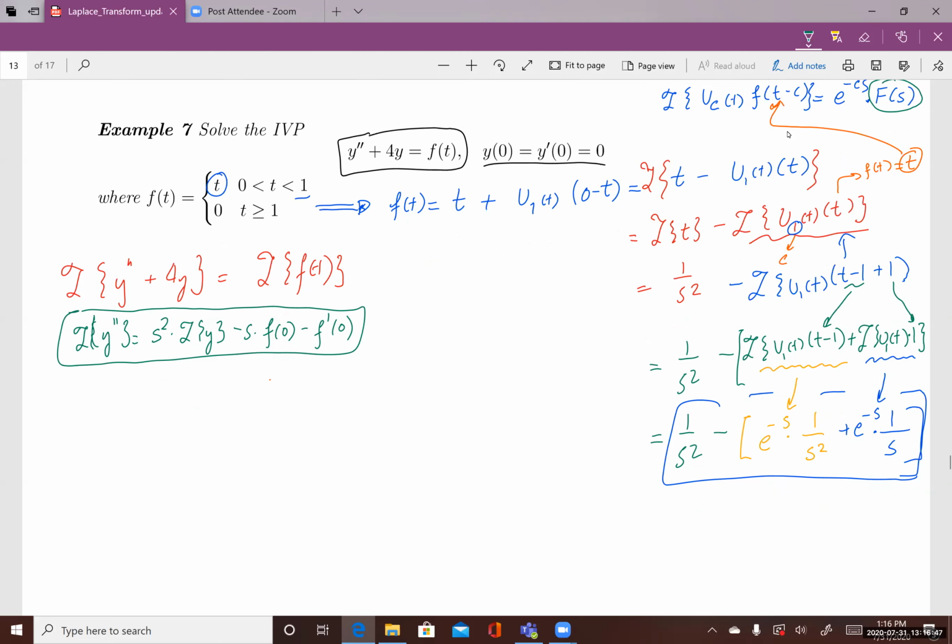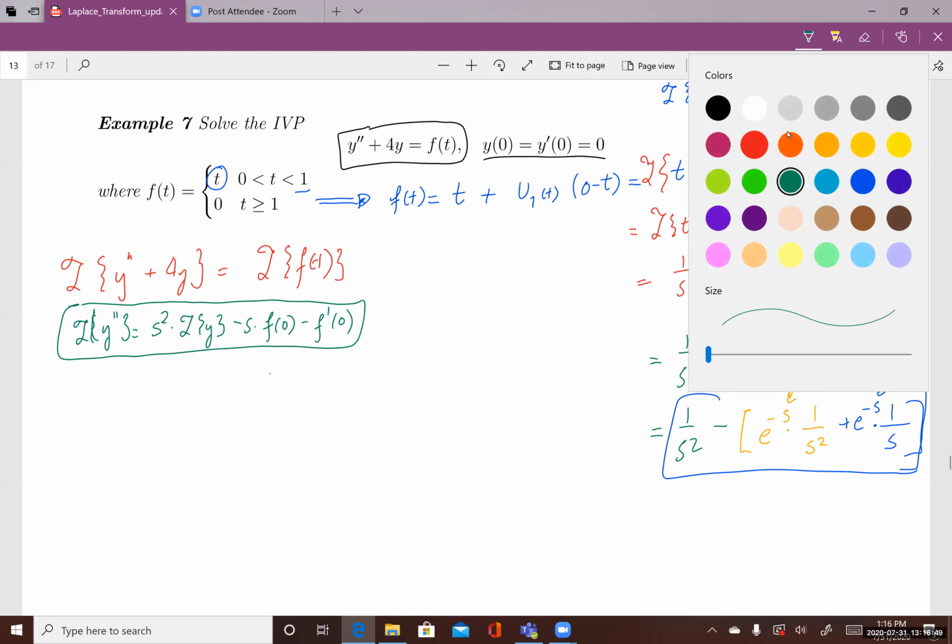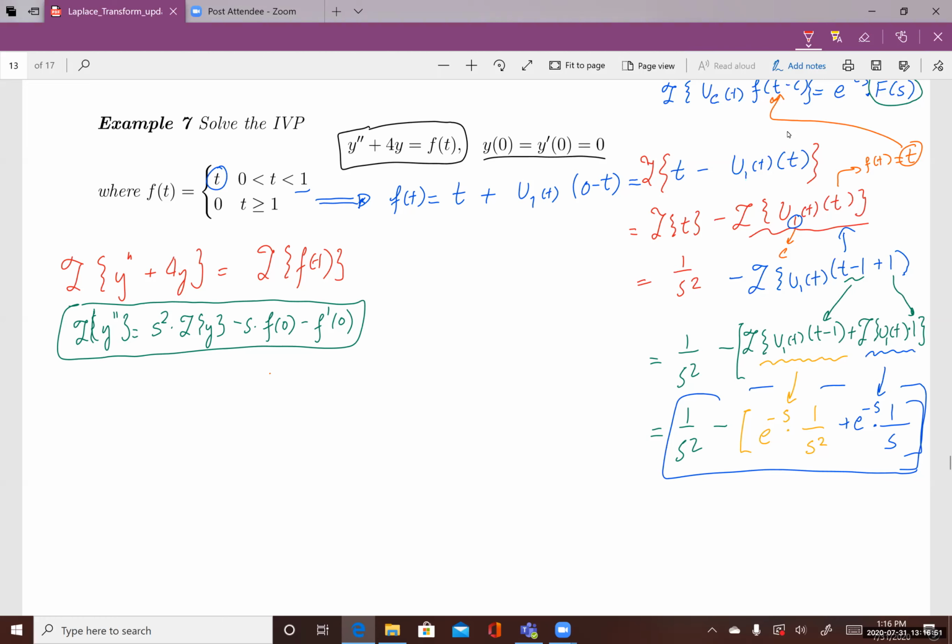And then using that formula, I can break this into two Laplace transforms using linearity. Then I just keep the Laplace transform of f of t at this point, because I know that this is the Laplace transform of f of t.